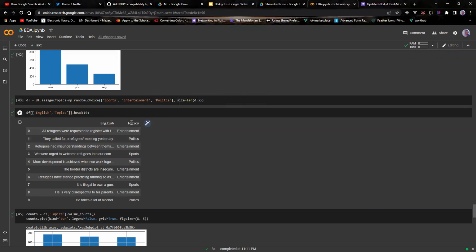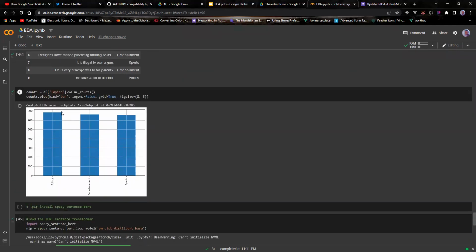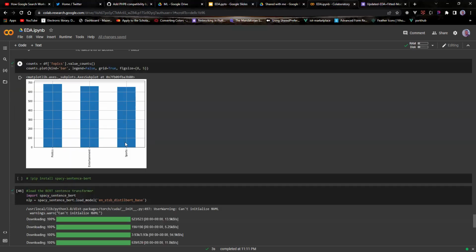As you can see, this extra column, these are assigned randomly. Even if it was random, the assignments tended towards politics, with a very small difference, then entertainment and then sports.